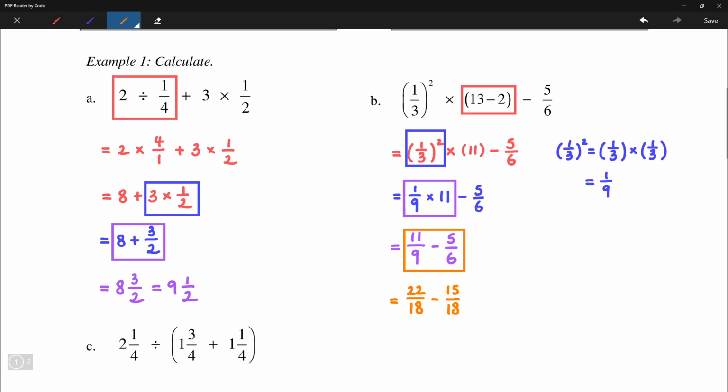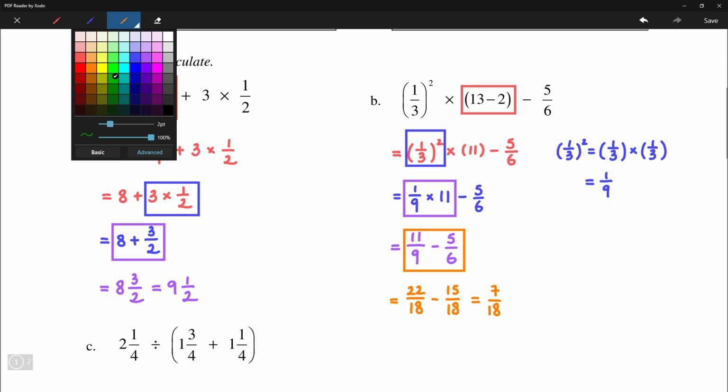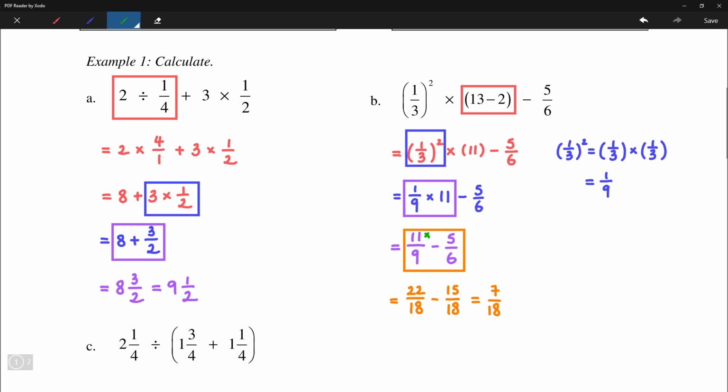And that will give us a difference of 7 over 18. So quick side note here, of course, what we did is we multiply the first fraction by 2 over 2 and the second fraction by 3 over 3 to get the common denominator of 18 for both fractions, and then we subtract afterwards.